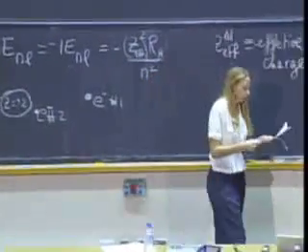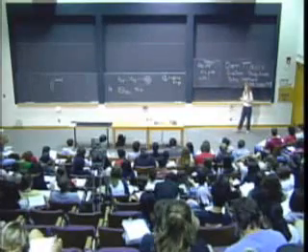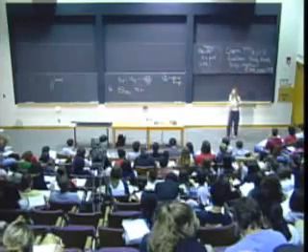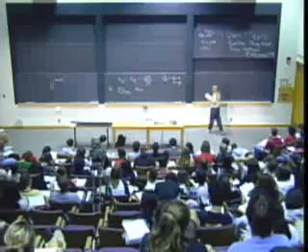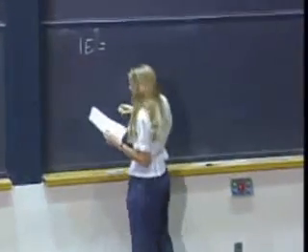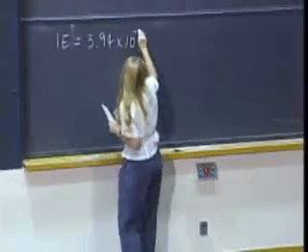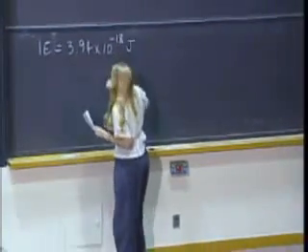All right? So let's do that for helium. If you go and look up the ionization energy for a helium atom, you find that it is 3.94 times 10 to the minus 18 joules.